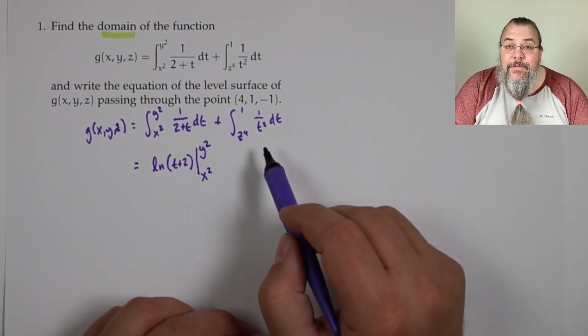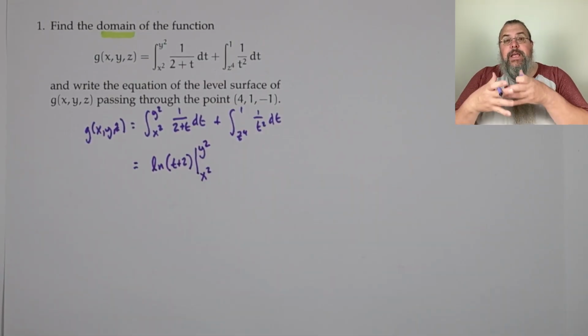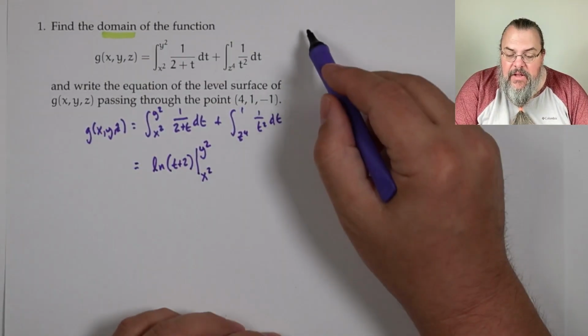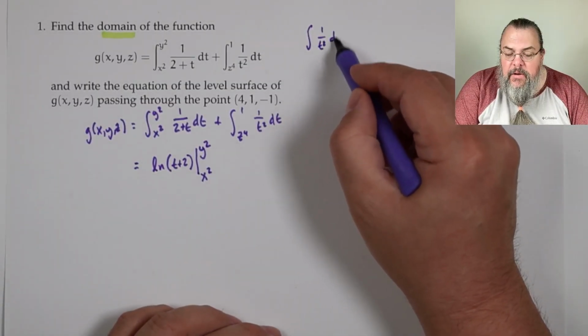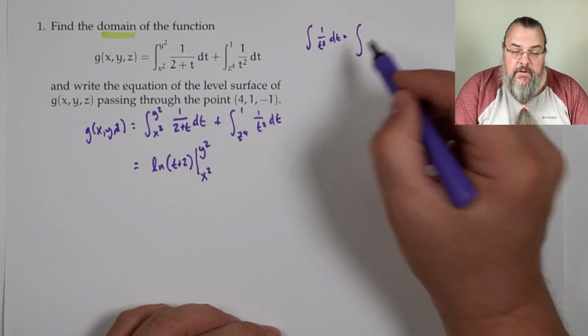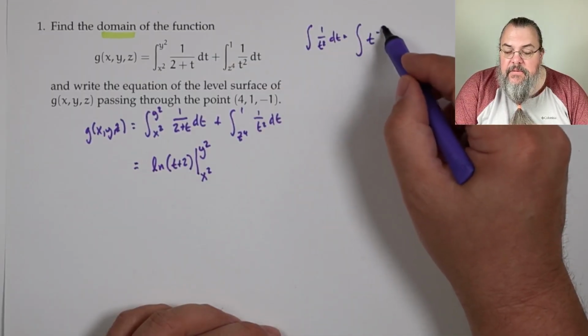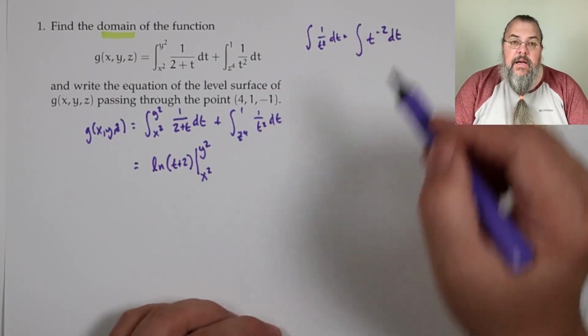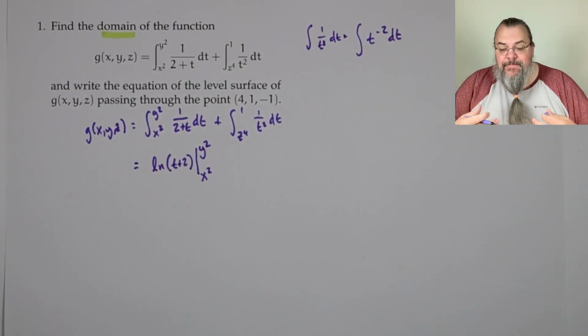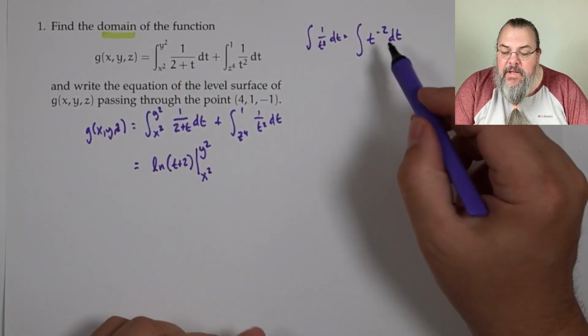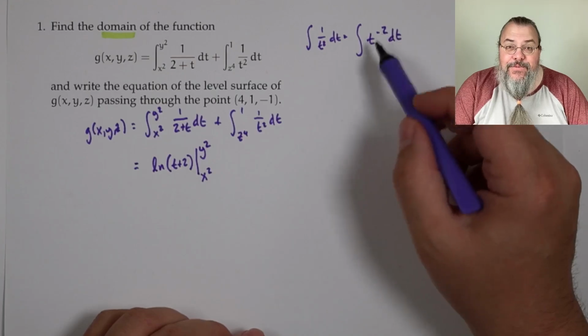How about 1 over t squared? Now, the way you would integrate that is to say, if I have 1 over t squared, well, that's really the same as the integral of t to the negative 2 power. Now, written this way, it's more calculus friendly. Why? Well, because we have t to a power, and there's a nice rule.